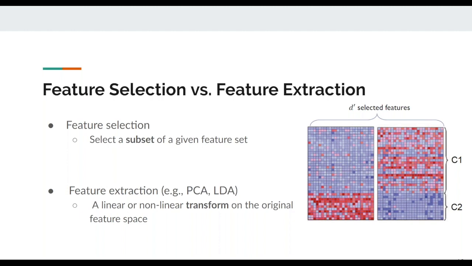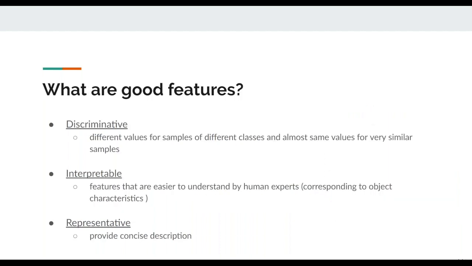At the same time, they might be a combination of multiple original features into a completely new single feature, so it's not easy to interpret what this relationship might be. I wanted to highlight this and spend a few minutes discussing it, just to ensure that what we are discussing now is the feature selection process, not the feature extraction process, so how to transform features to a different space. That's something I'm not going to be touching here.